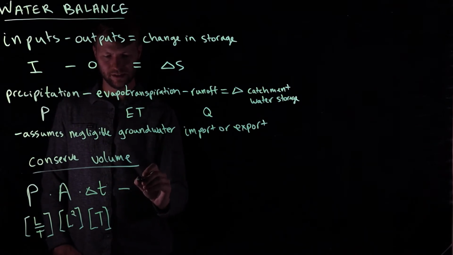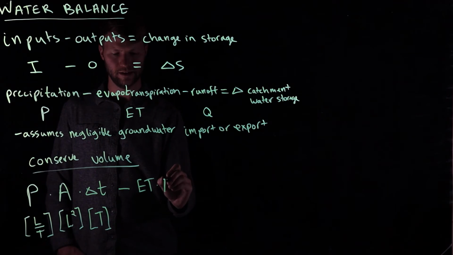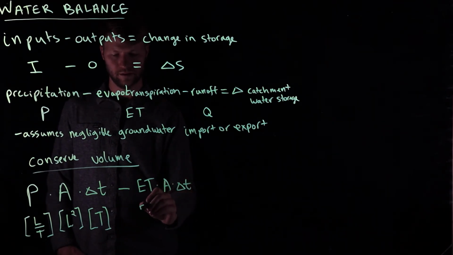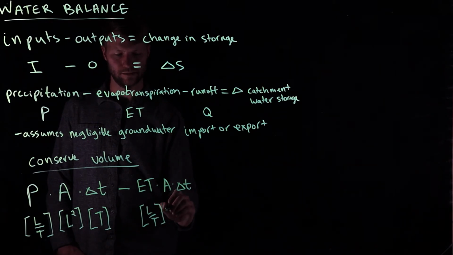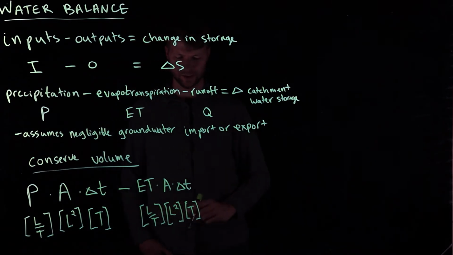We'll subtract this from ET, and we need to do the same thing here, A times delta t, because ET is also typically described in dimensions of length per time. These capital letters denote the dimension.